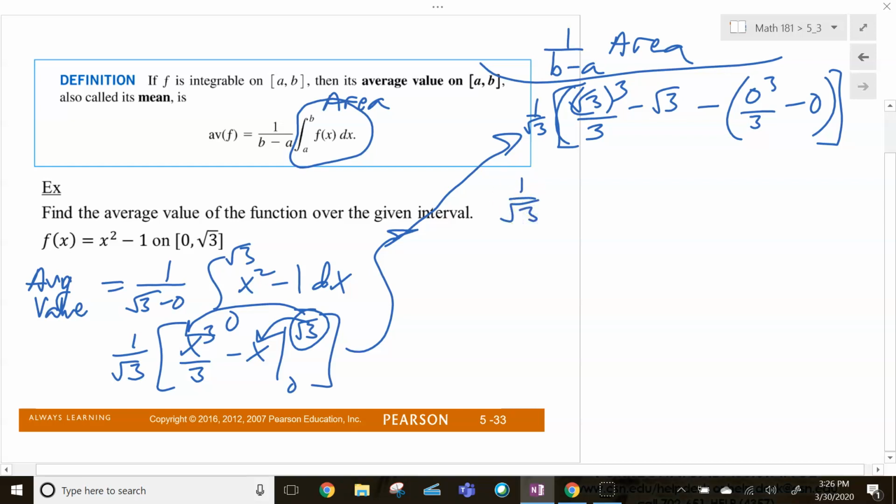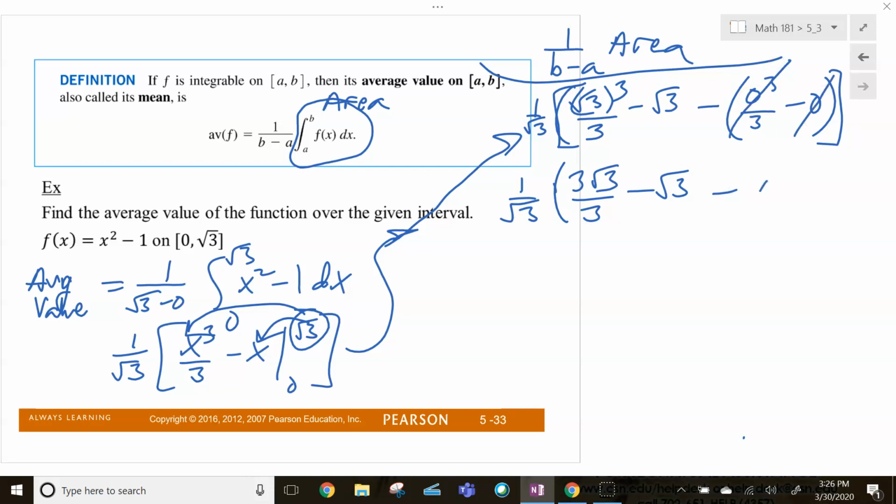So I got root 3 times root 3 times root 3, which is root 27 or 3 root 3, minus root 3 minus 0. 1 over root 3, and then I got root 3 minus root 3, which is 0.